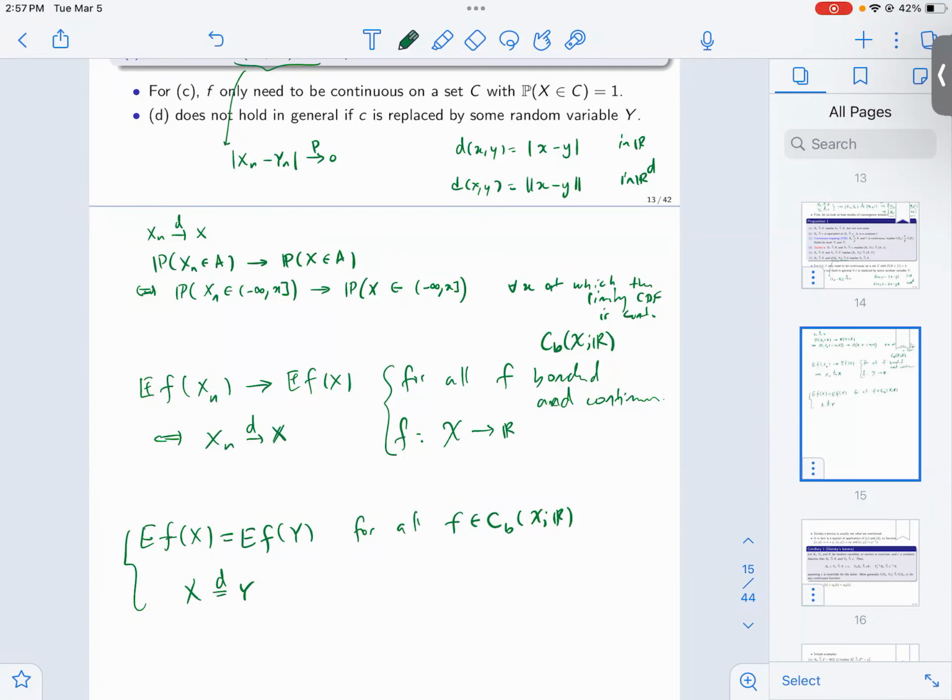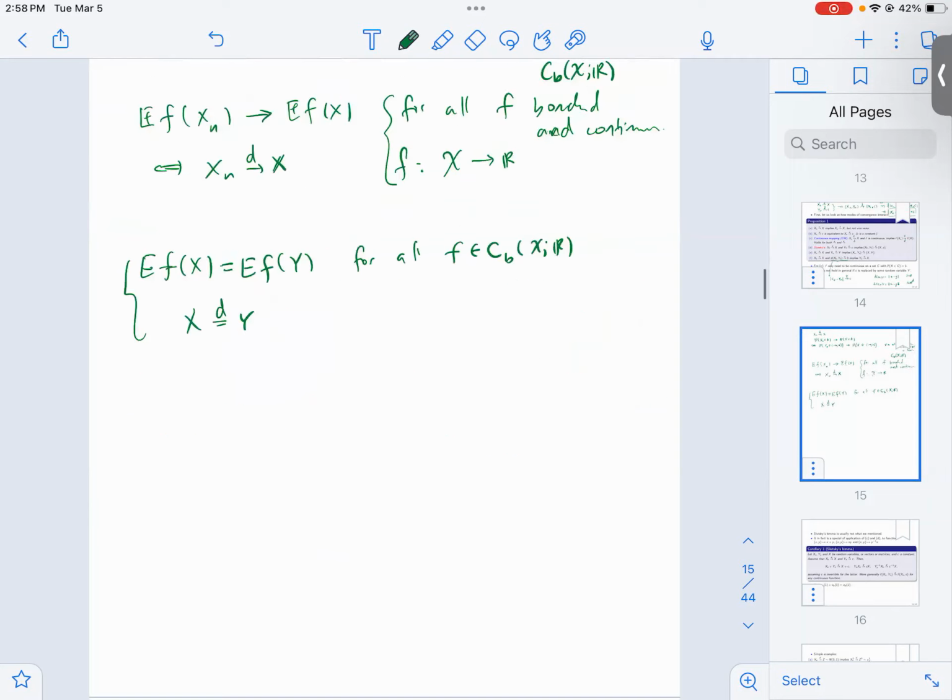Okay, and then another point is, this is very powerful because it can also measure the distance of distributions. So, for example, I can measure how close they are by looking at this difference, the supremum over the function class, continuous and bounded.